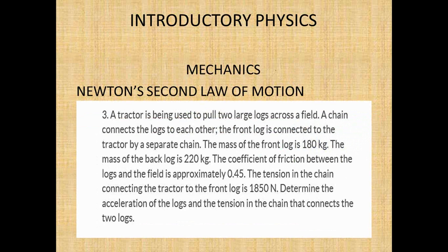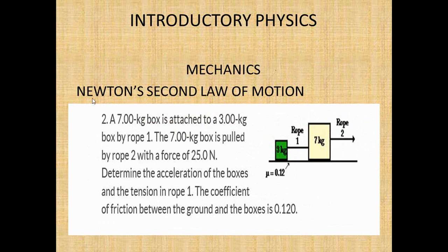All right, so this is another problem, the same type of problem, but let's read. No, let's do this one first. A 7 kilogram box is attached to a 3 kilogram box.